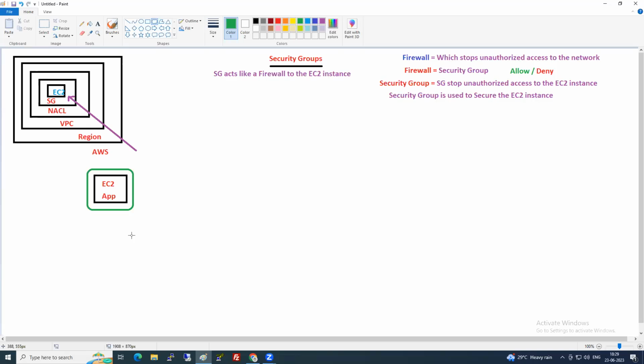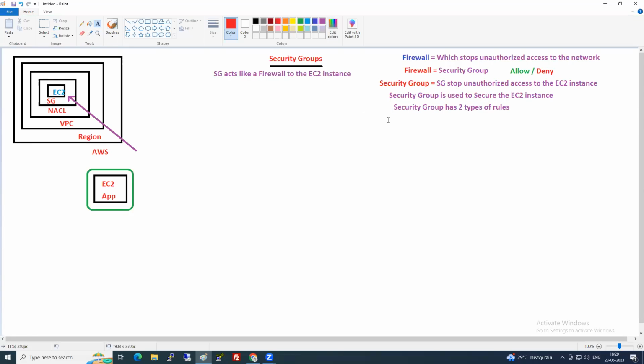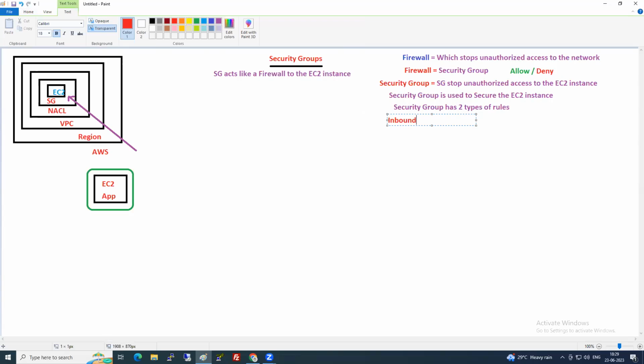So now tell me. First I'll write security group has two types of rules. I call it as inbound rule and then outbound rule.